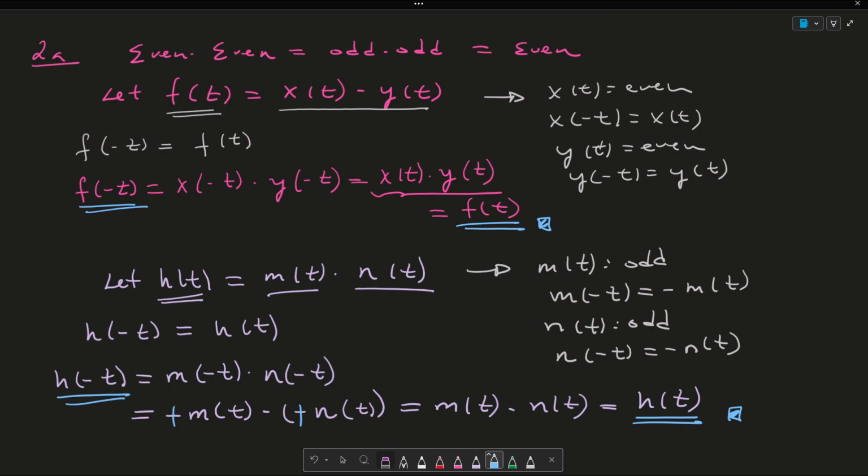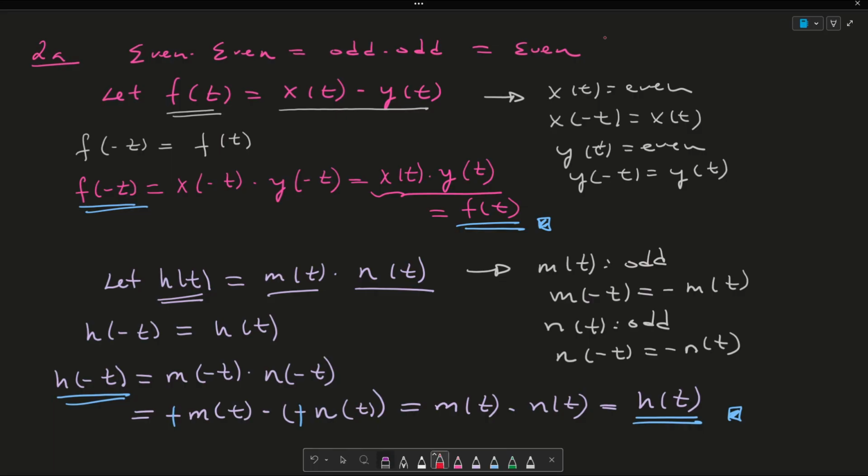So then to be formal with a definition, we can say that an arbitrary periodic real function that is even times an arbitrary periodic real function that is even, or an arbitrary periodic real function that is odd times an arbitrary periodic real function that is odd, is always equal to an arbitrary periodic real function that is even.